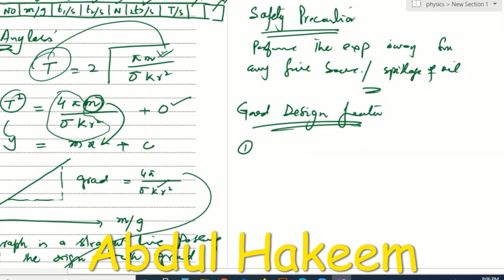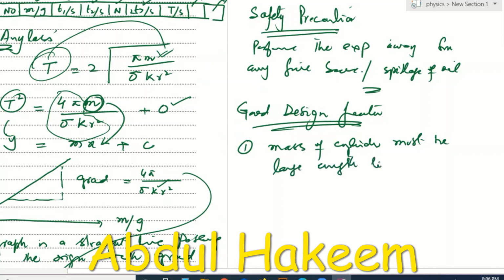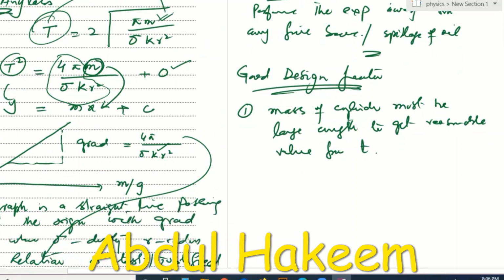So we can write the mass of the cylinder must be large enough, must be significant, to get a reasonable value for the time of the oscillations. Then we will get the time period.